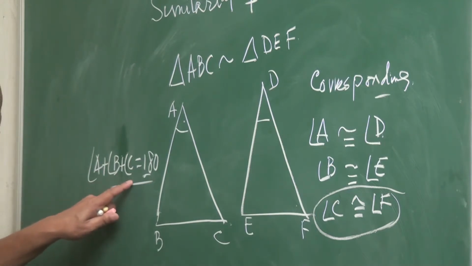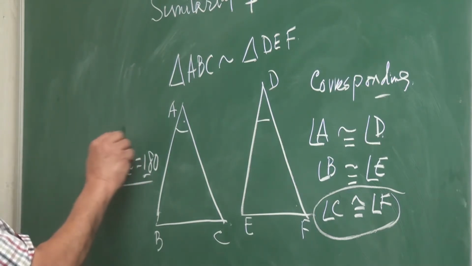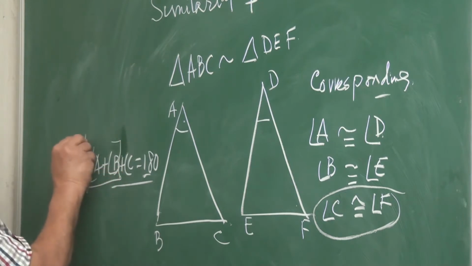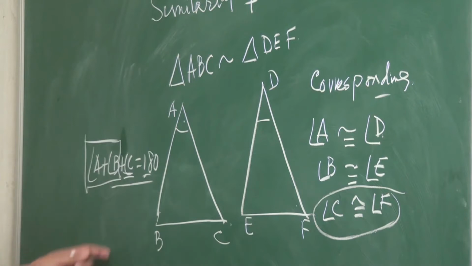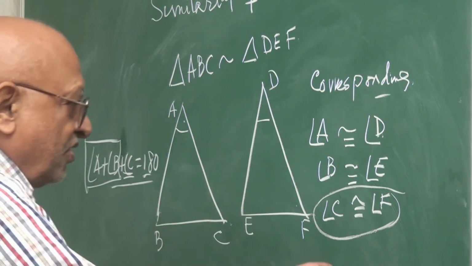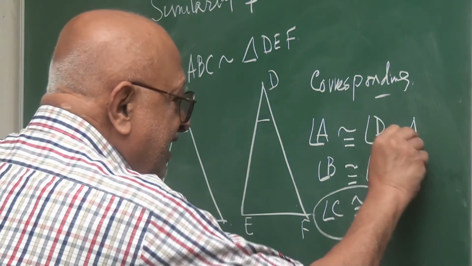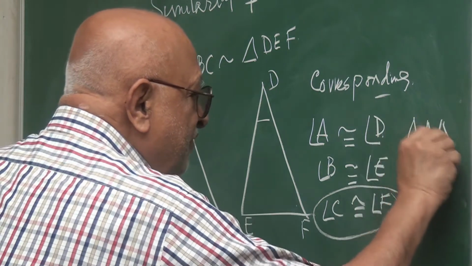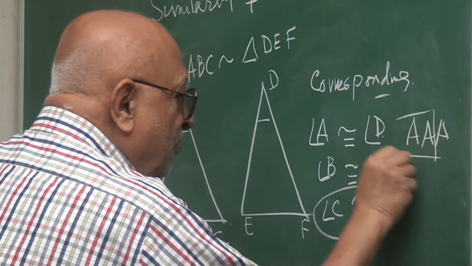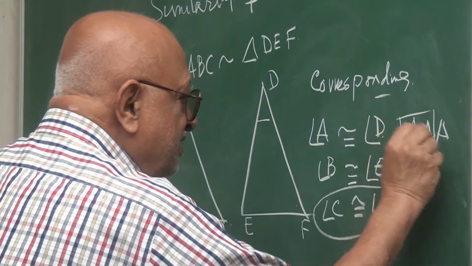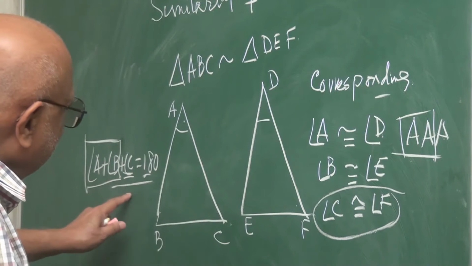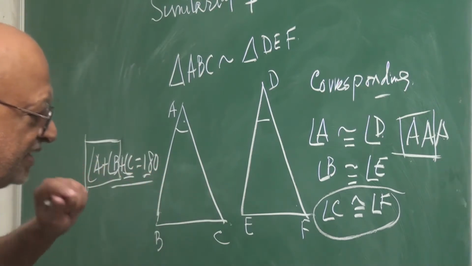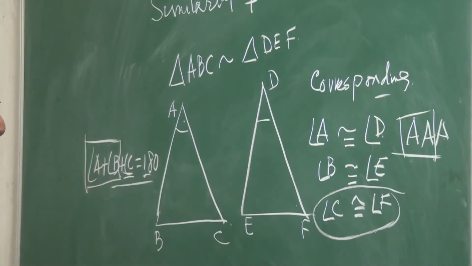So if we say that two angles are congruent, the third has to be congruent. For our purpose, we can take just double A, and say the third one will definitely also be congruent.